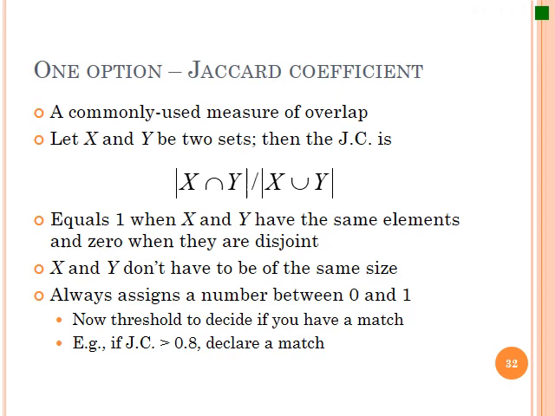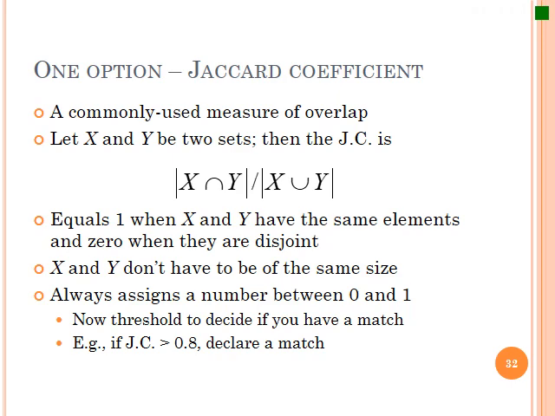Now you can use this to measure the closeness between two words. In other words, you take the two words and get the set of bigrams or trigrams from these two words, and then you compute the Jaccard coefficient between the two sets. If that coefficient is large, that means these two words look alike.